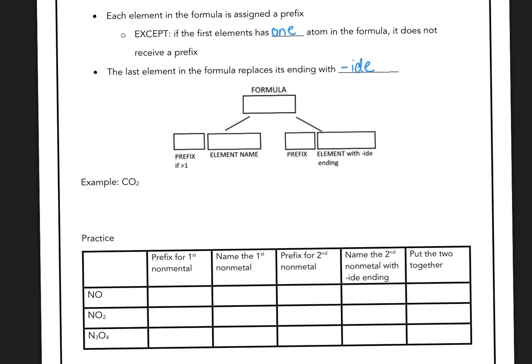All right, so we're going to go through an example together with CO2, okay? So the first element is carbon. It does not receive a prefix because I only have one atom.